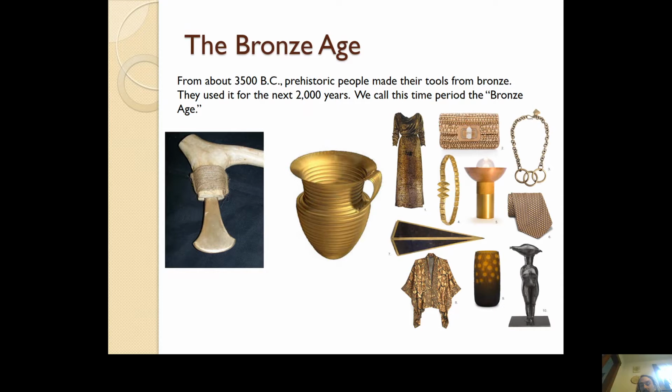It's called the Bronze Age, but I don't necessarily think it's the best way to divide things up because people were using bronze in China for 1,000 years before people were using bronze in England. 1,000 years is a heck of a long time.